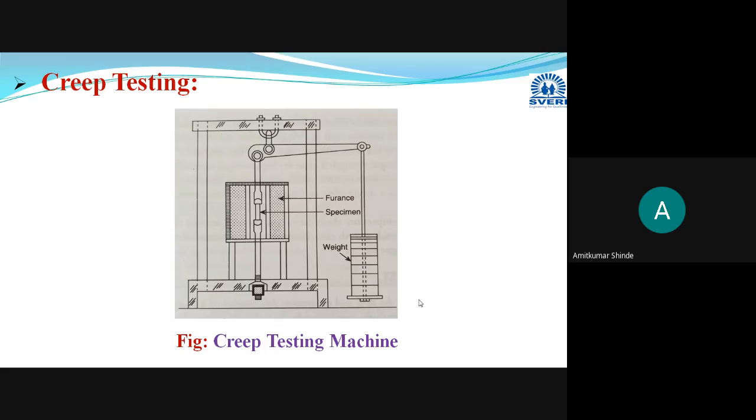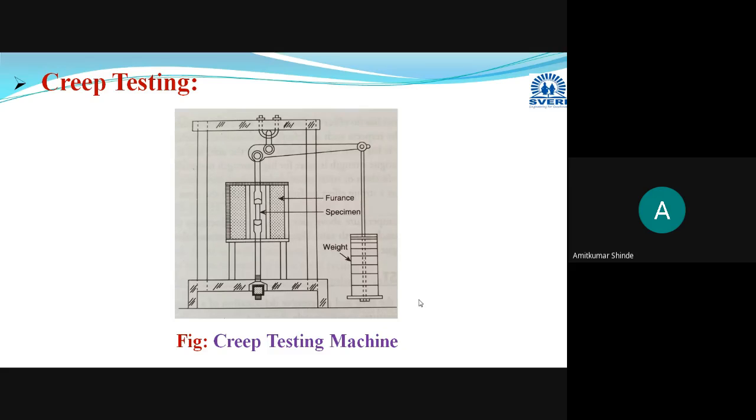For example, some different components are there: gas and steam turbines, nuclear reactors, and jet engine components. These components are subjected to high temperature service conditions along with some amount of stress. Then how much stress they can carry, and at how much temperature they will sustain with that much stress, we can determine by conducting the creep test on that material.